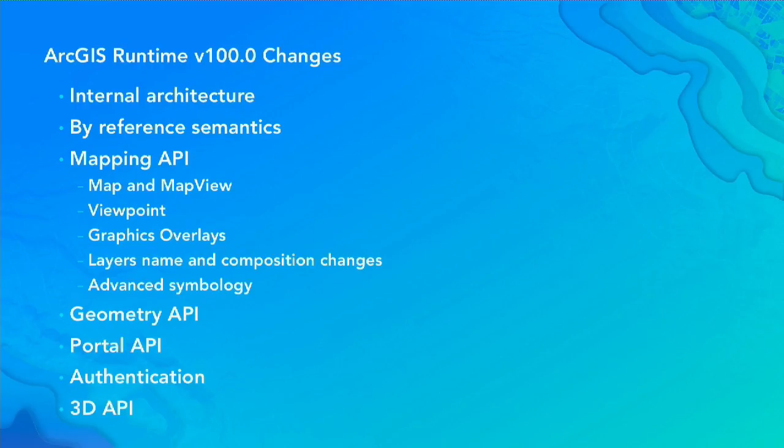We changed some of the layer names, the class names, to better represent where they are in the layer hierarchy, and to better represent what they're actually displaying when they're rendered. And we made changes to the symbology model to accommodate advanced symbology. So within ArcGIS, there's actually numerous symbology models, but it boils down to two.